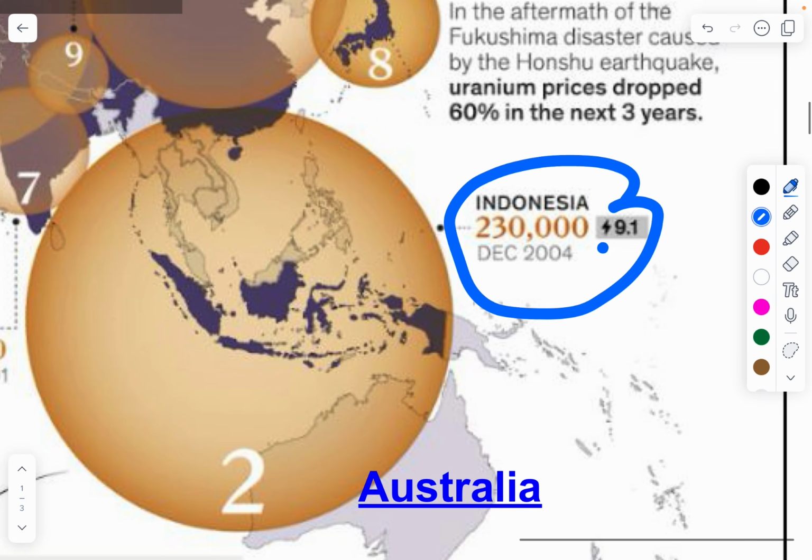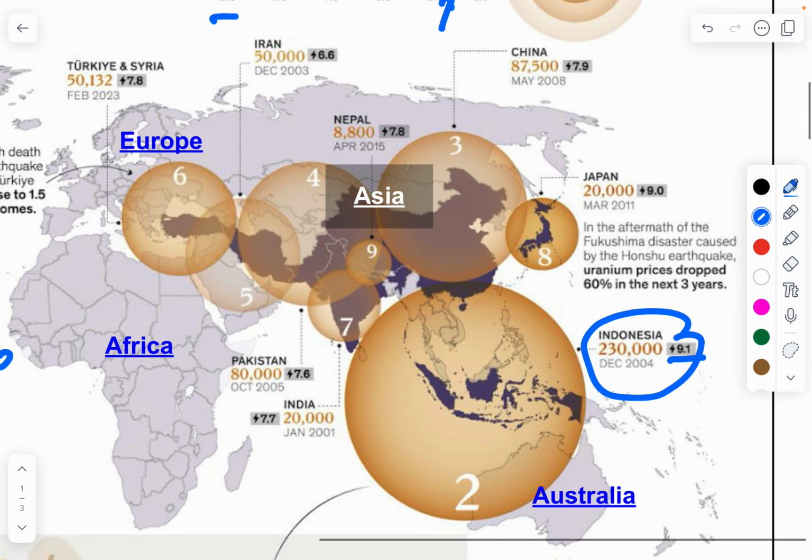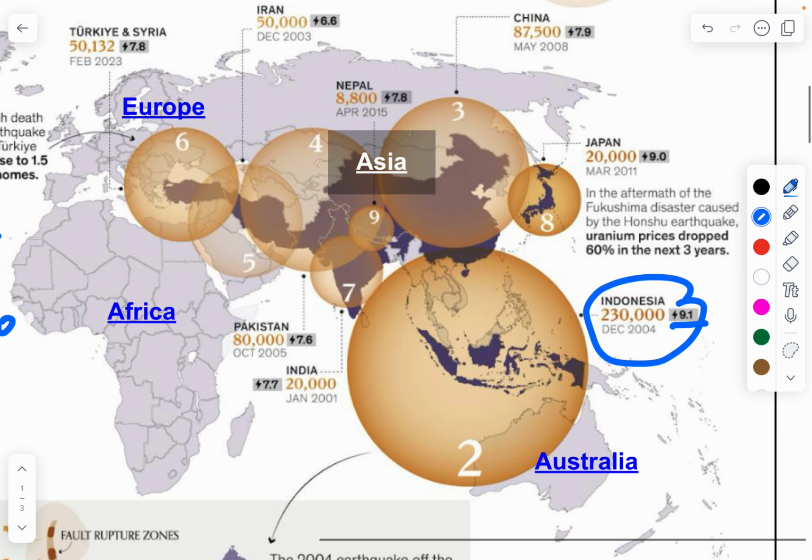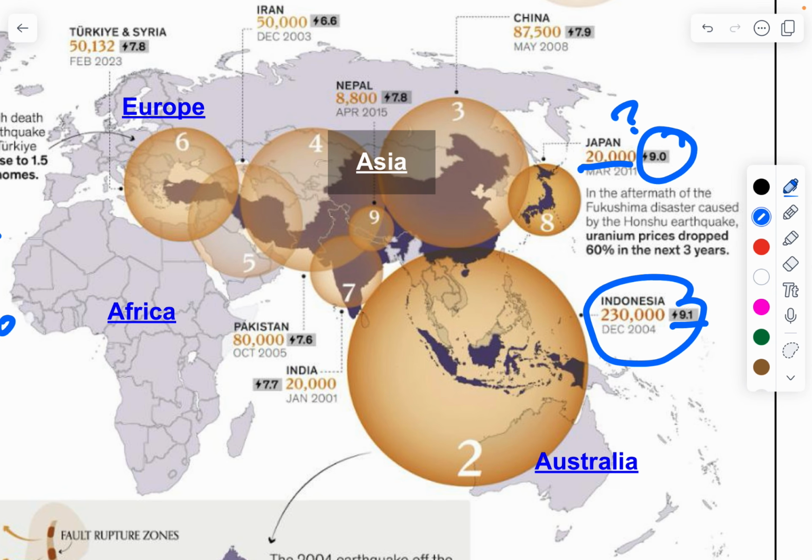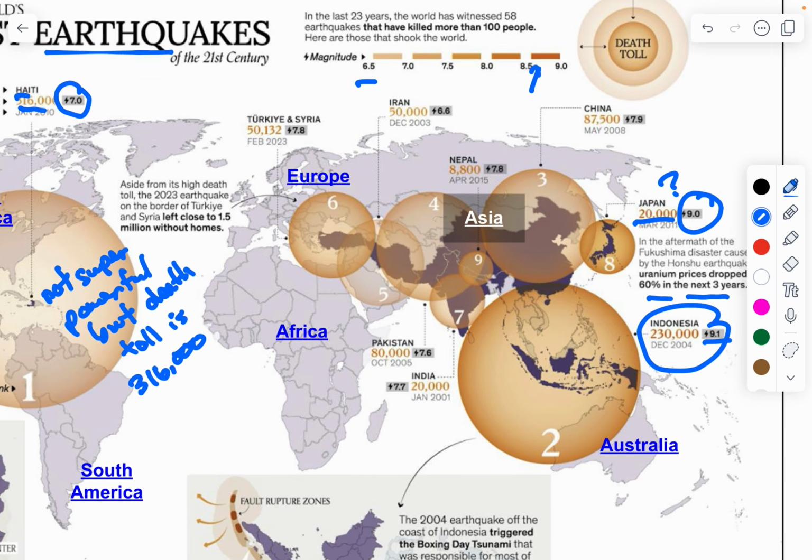This number is super high. If we look at the one in Japan, it's also super high, but it only killed 20,000 people, so maybe that's relative to the population in Japan. Is 20,000 a big number? I'm not super sure. In the aftermath of the Fukushima disaster caused by the Honshu earthquake, uranium prices dropped 60% in the next few years.